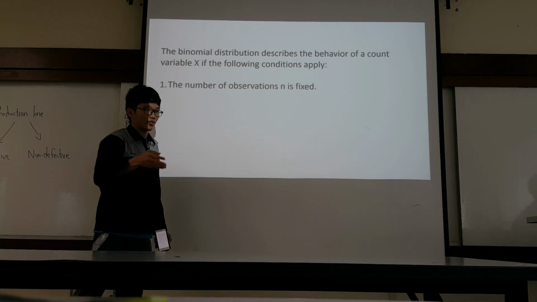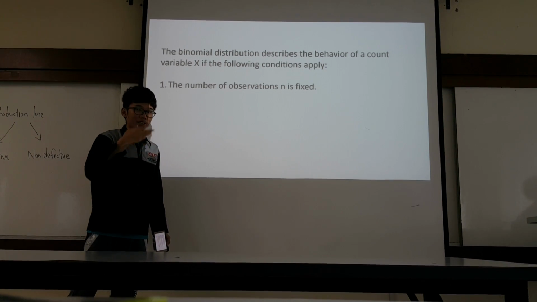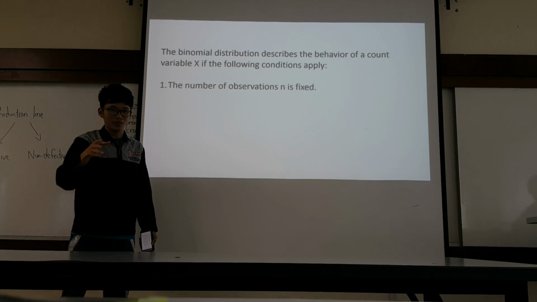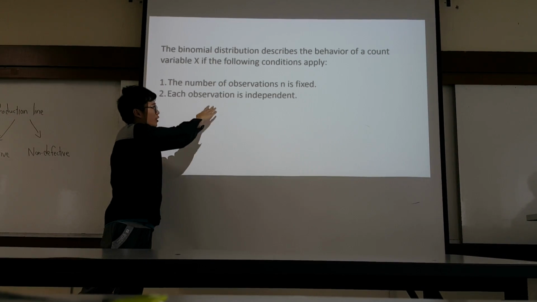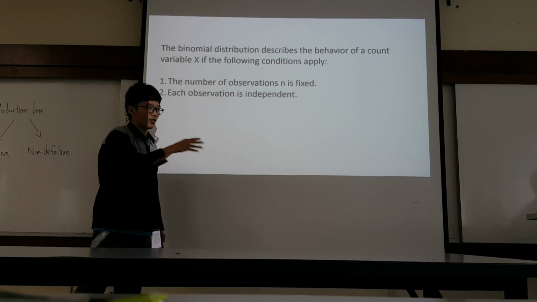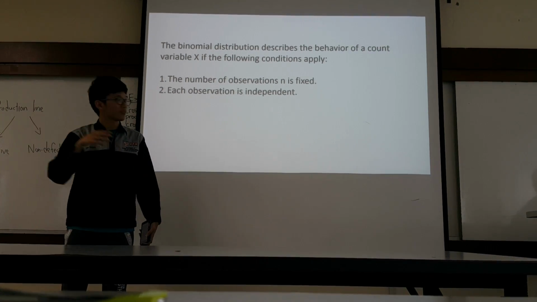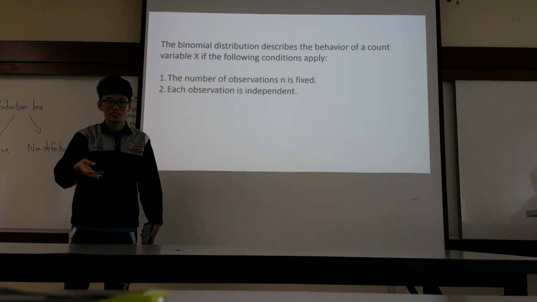Like I just mentioned, the yes or no experiment is repeated n times, and this n we have to fix before starting the experiment. Second, each observation is independent, meaning each observation cannot affect the following observation. All the observations should be independent.